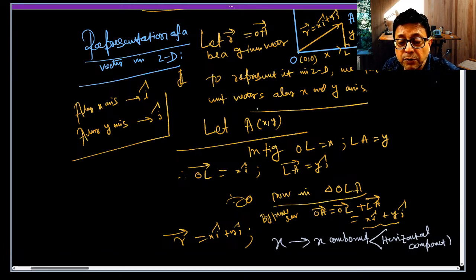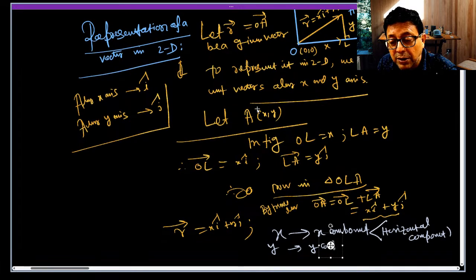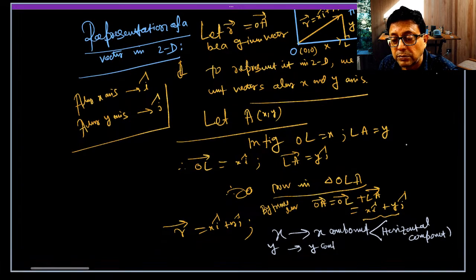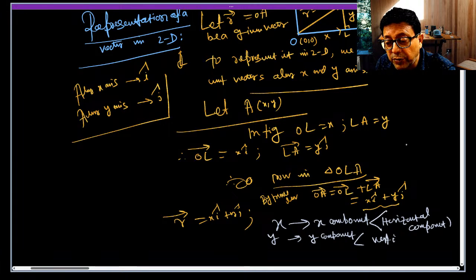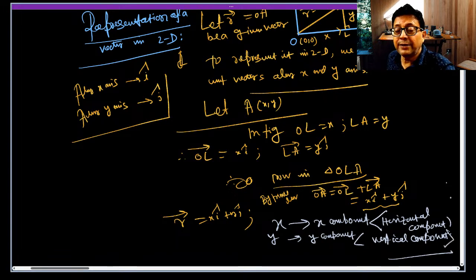Then y stands for what? Y is the y component. This is better known as the vertical component. So x is the x component or horizontal component, y is the y component or vertical component.